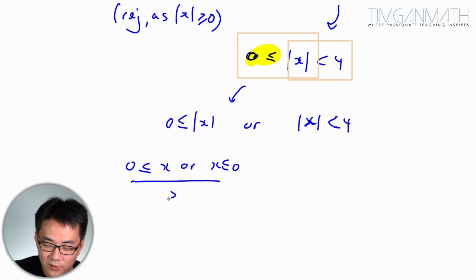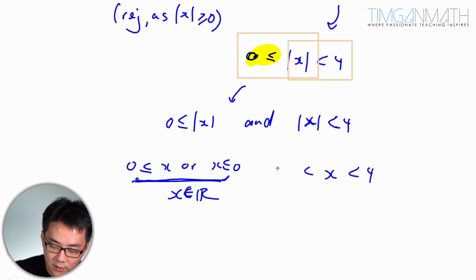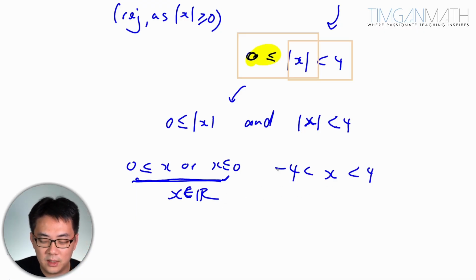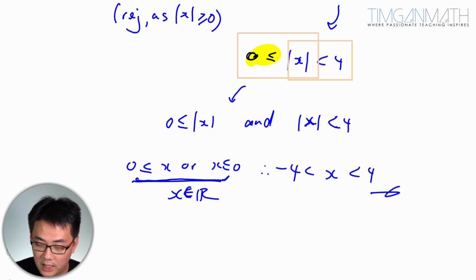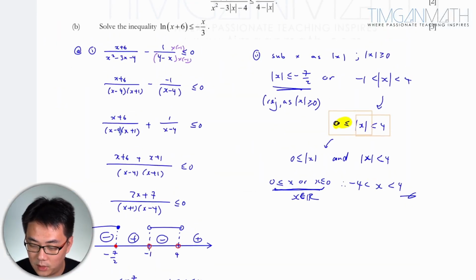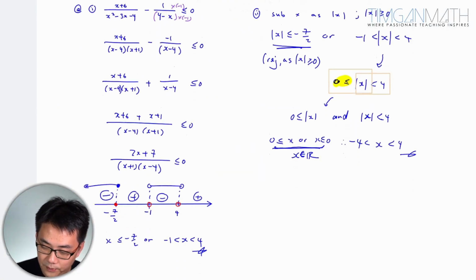Of course, this is all real values. So the real value in this is just x between 4 and minus 4. The moral of the story: you can just ignore this. You don't really care about the 0 there. You just ignore the modulus there.